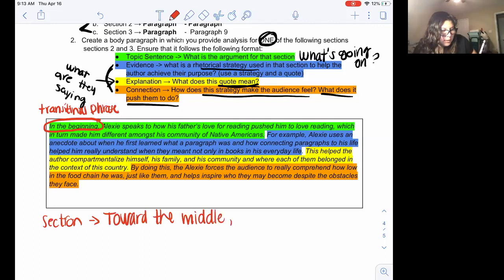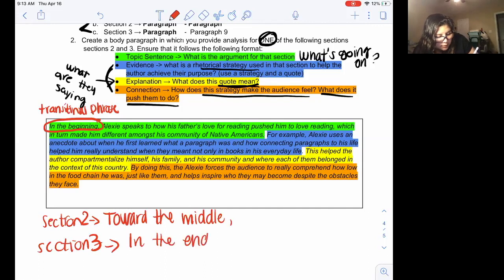Section 3 can even be labeled with a transitional phrase like toward or in the end. Whatever transitional phrase you want to use, just make sure it makes sense for that section. You can't say in the end for section 2 because that doesn't make sense. It's not at the end. But have a transitional phrase.